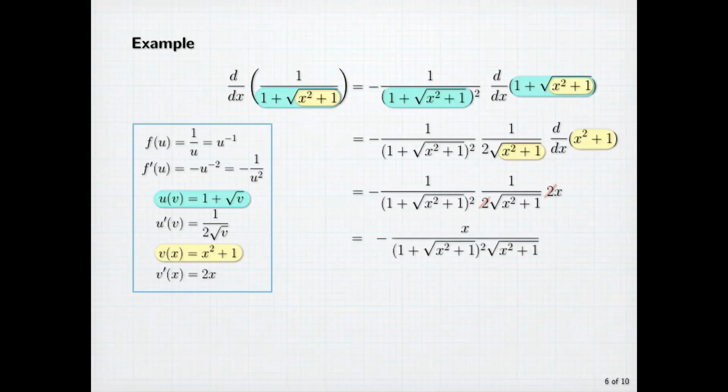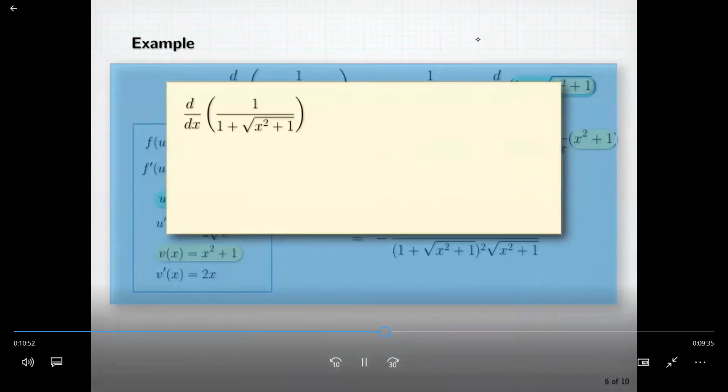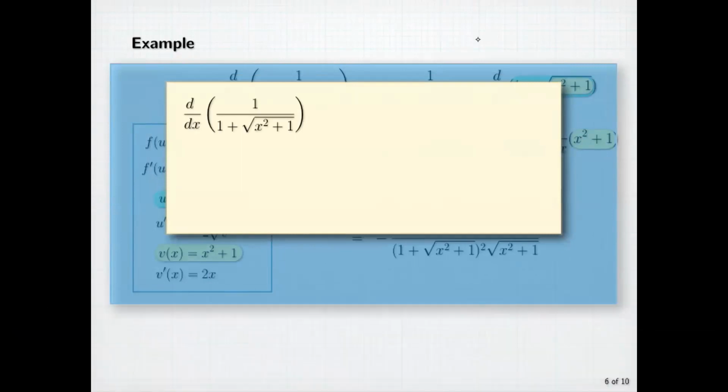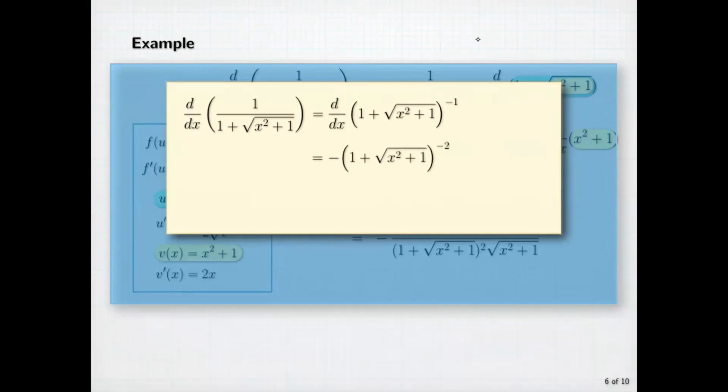Now again, let's just look at this in its simplest form. To take the derivative with respect to x of 1 over 1 plus the square root of x squared plus 1, we first identify the outermost function here as being the reciprocal function, or u to the minus 1 power, differentiate that function, writing minus 1 times u to the minus 2 power, identify the inside function 1 plus the square root of x squared plus 1, multiply by its derivative, which is 0 plus 1 over 2 times the square root of x squared plus 1, and then identify the inside function x squared plus 1 and multiply by its derivative, 2x.